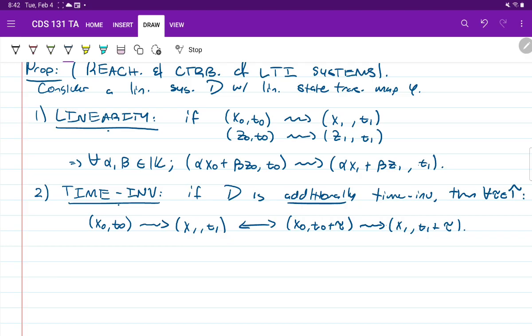Okay? So basically, if I can reach this event between times t0 and t1, then I can do the same thing if I just shift both of those by the same amount of time tau.